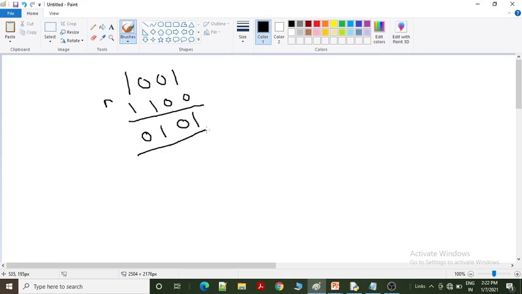Now we can check the result. Let me convert that binary into its equivalent decimal. The positions are 0, 1, 2 and then 3. It means 2 power 3 equals 8, and 2 power 0 is 1, so it will be 9. Now the next one: 0, 1, 2, 3. It means 8 plus 4 equals 12.